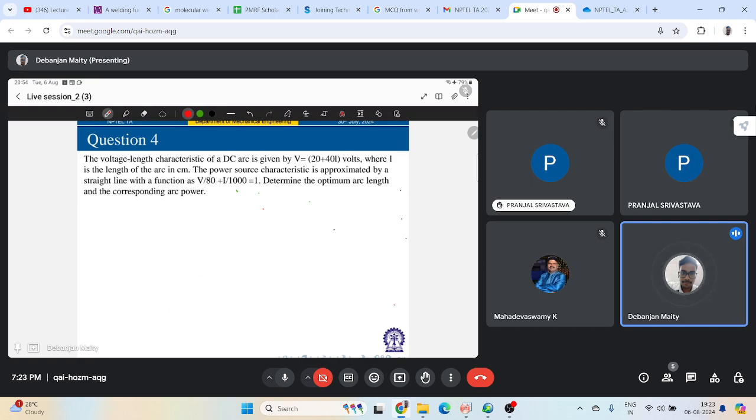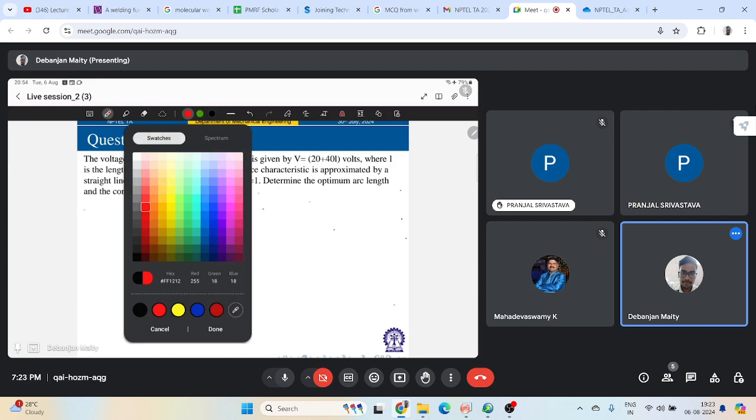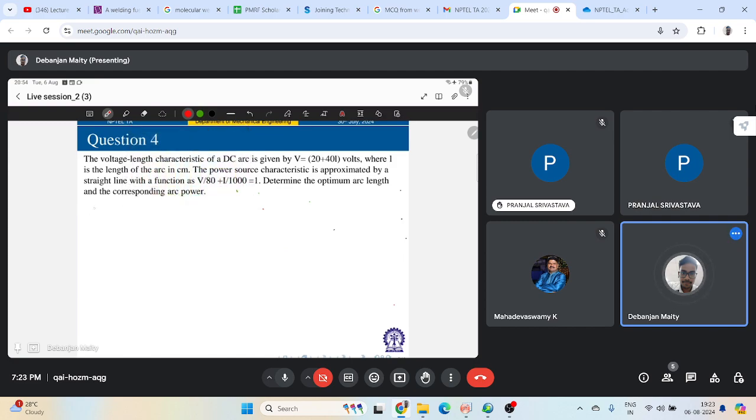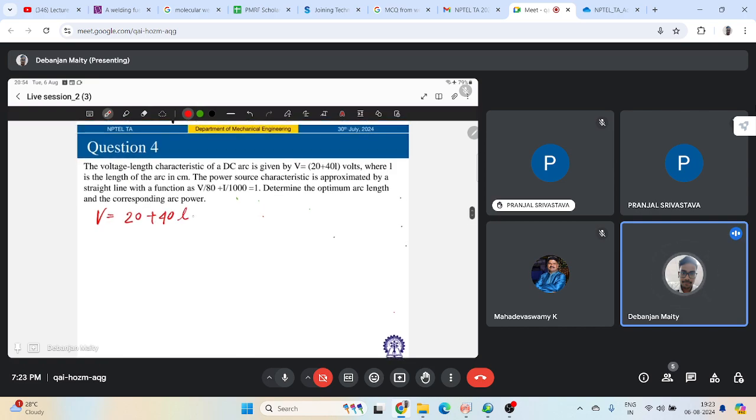In question 4, I say that the relation between arc length and my voltage is 20 plus 40 into L. I just talked about this voltage and arc length relation. And then I say that the power source characteristic is approximated by this equation.